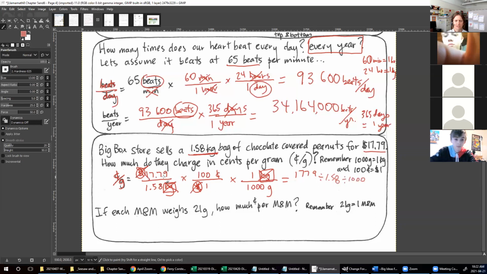So I'm going to go 17.79 times 100 equals something, divided by 1.58 equals something, and I'm going to divide it again because it's on the bottom. I have to divide it by 1,000. So let's see what I get here. Divide by 1.58 and then divide by 1,000 again. So my answer is, I really want that color that I'm going for here.